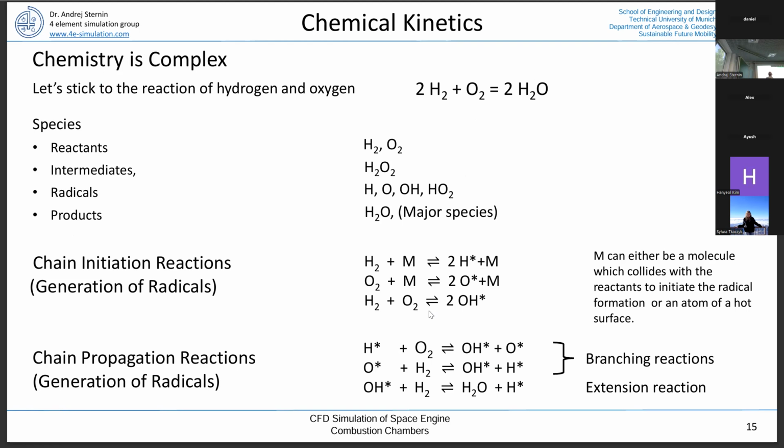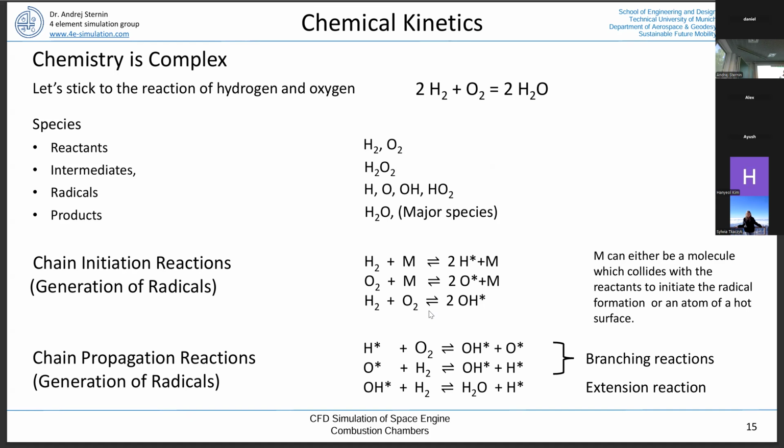So if we look into the simple process of hydrogen and oxygen, let's say we have the reactants and we have intermediates such as peroxide. This is a stable molecule: we generate hydrogen peroxide if we burn hydrogen and oxygen. So that's a classical intermediate. We have also radicals: hydrogen radical, oxygen, OH, even HO2.